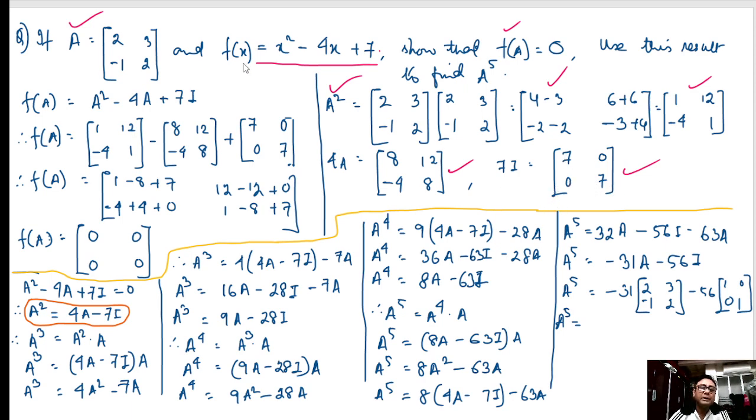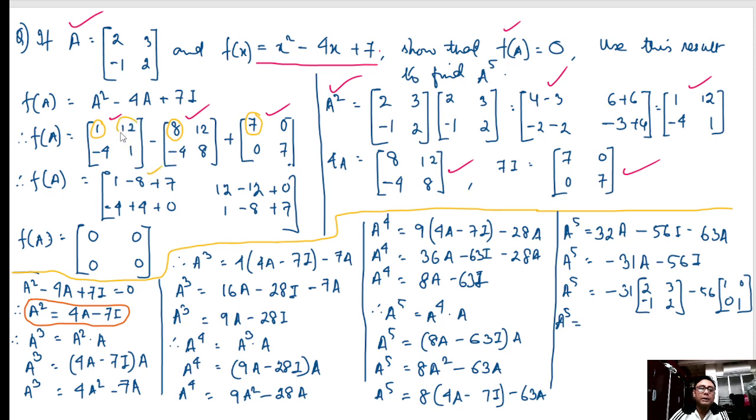Now let us put it in this. So this was A square, this is the A square part, this is the minus 4A part, and this is the 7I. So what we will now do here is, we have to add the same type. That means I will do 1 minus 8 plus 7, which is this.